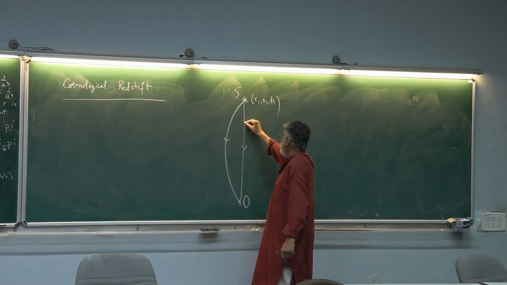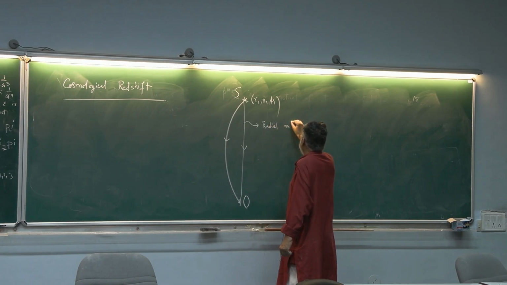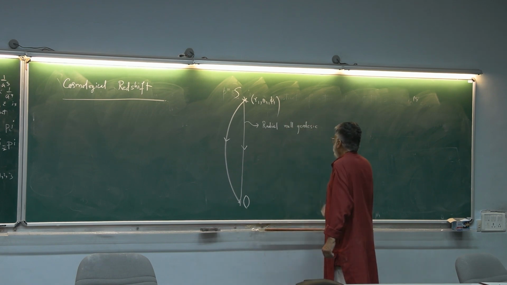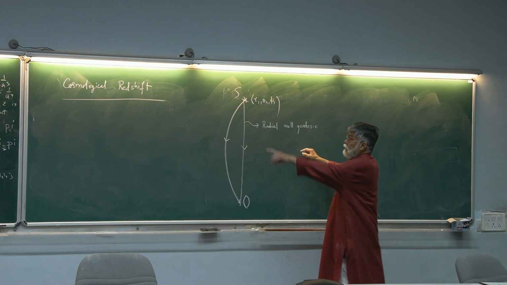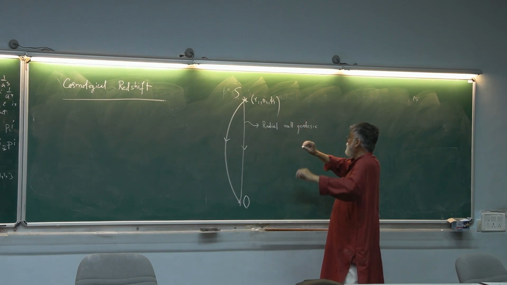So for this radial null geodesic, what will be the equation? dθ squared is 0, dφ squared is 0.